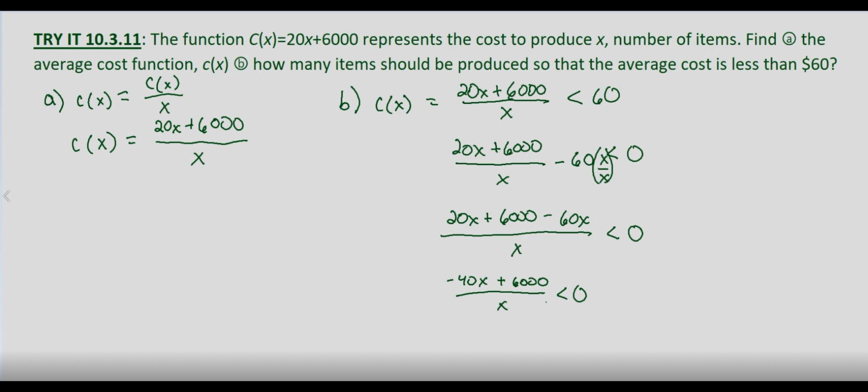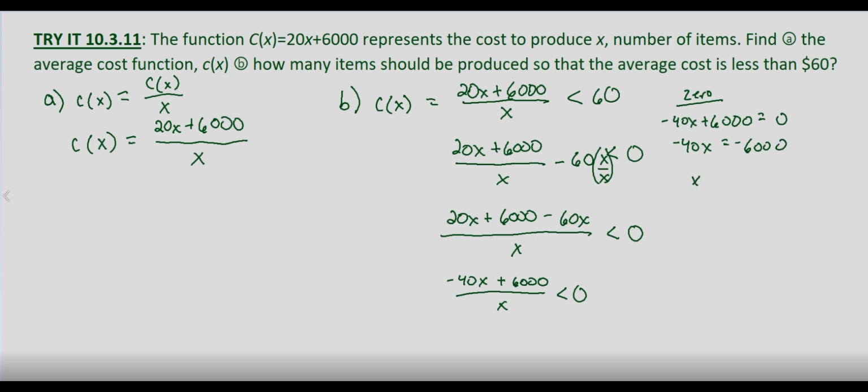So where are our critical points? Well, our 0 is going to be when negative 40x plus 6,000 equals 0. So negative 40x equals negative 6,000.